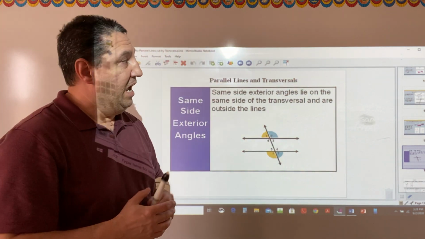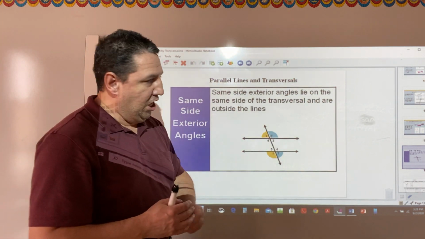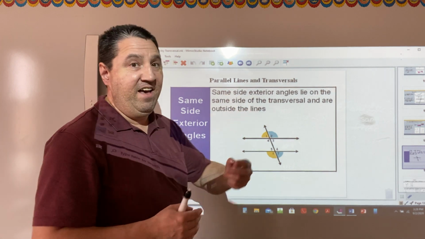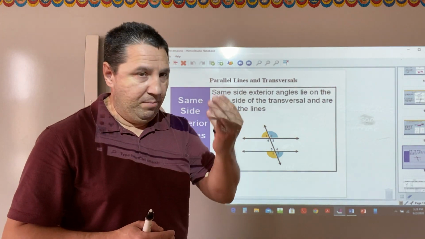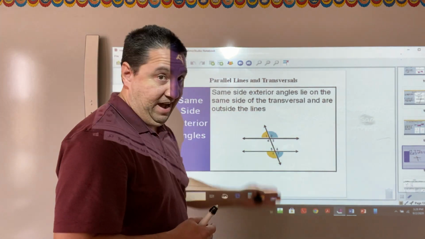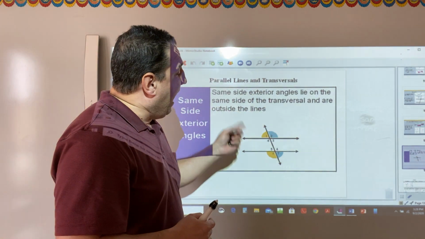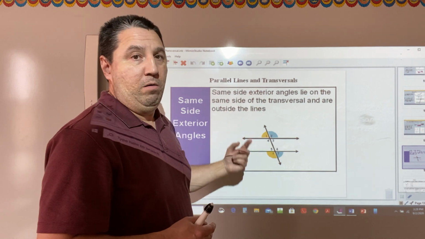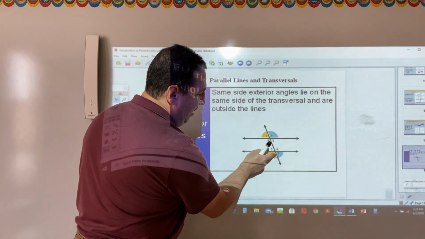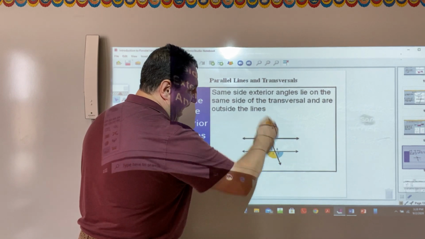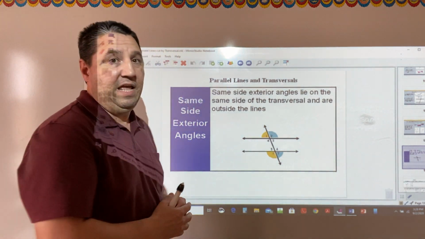First, you identify the transversal. Remember, a transversal is a line that cuts two other lines in two different points, like here. So in this case, this is the transversal.